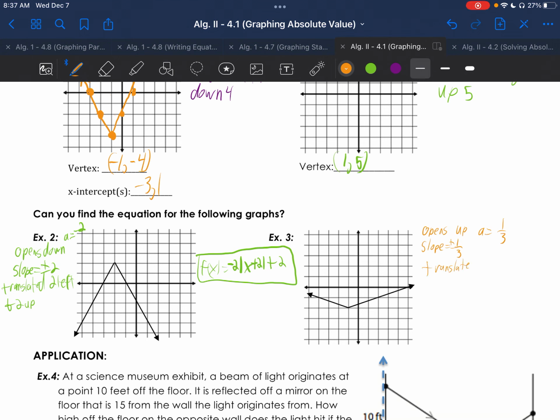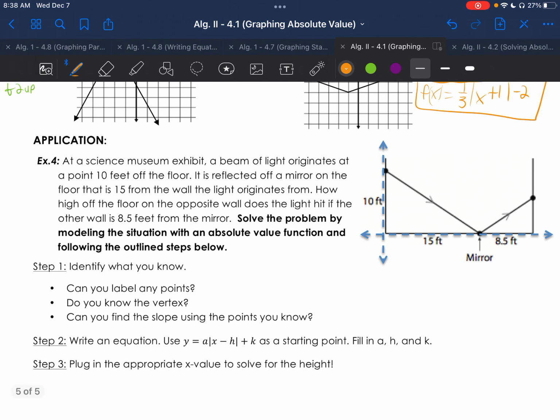The vertex got moved, so it got translated 1 left and 2 down. So that means we plug these in accordingly, and we get f of x is equal to 1/3 times the absolute value of x, and it went 1 left, so that's +1, and it went 2 down, so that's -2.